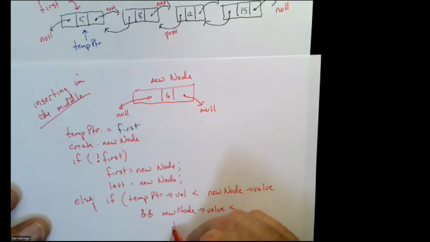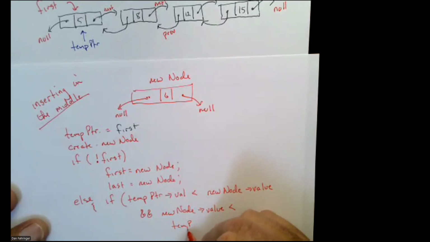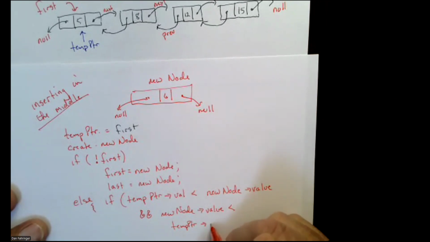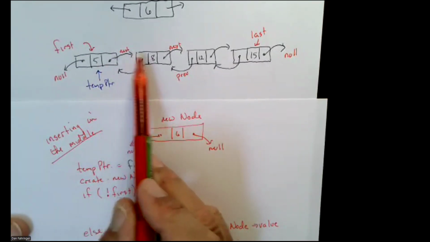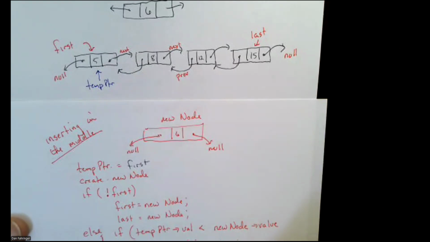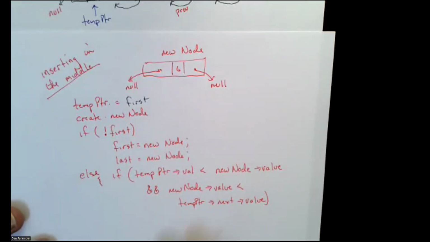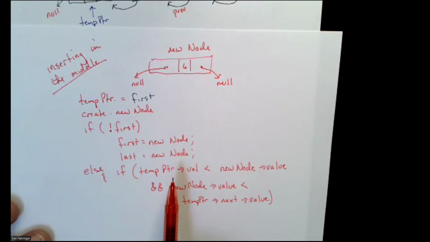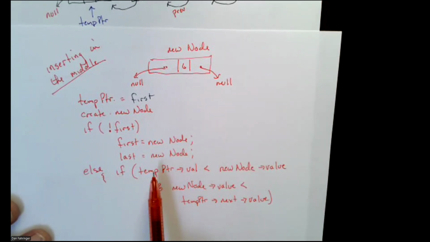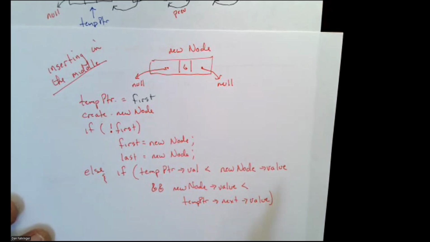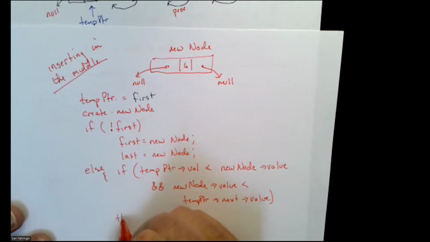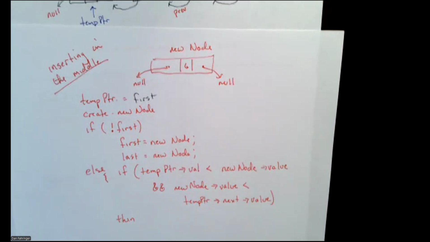Temp pointer's here, its next goes over to there, its value. Oh, so it's between the two. The current value is less than new node's value, and new node's value is less than the next one. Then what do I do? I've got some good stuff going on here, and this is what we're after right now.